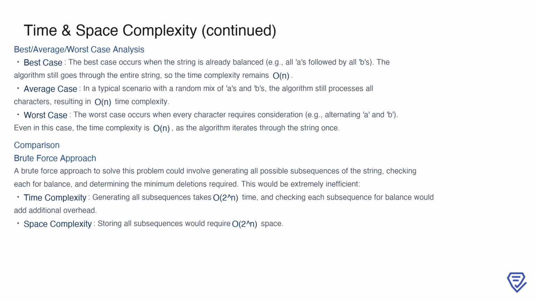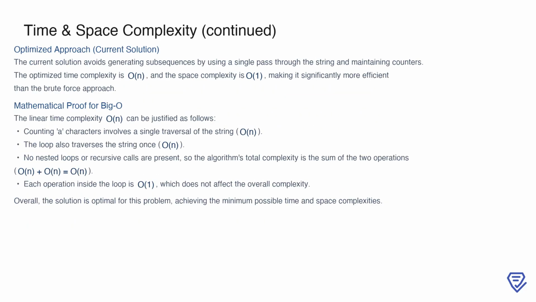This would be incredibly inefficient, with a time complexity of O(2^n), due to the exponential number of subsequences, and a space complexity of O(2^n), to store them. Clearly, the optimized solution is far more efficient. The current solution is optimized because it avoids generating subsequences altogether. Instead, it uses a single pass through the string while maintaining counters.